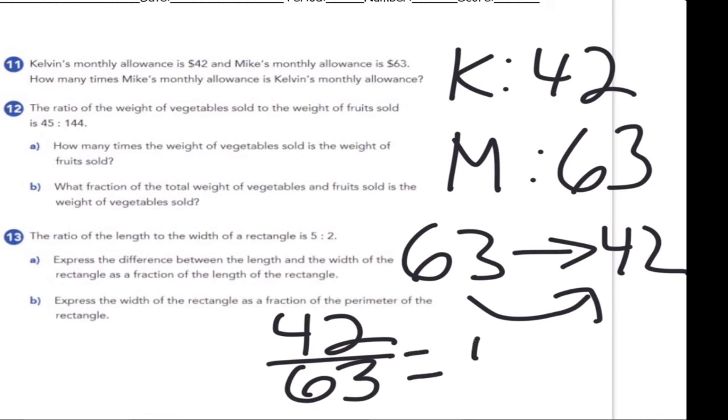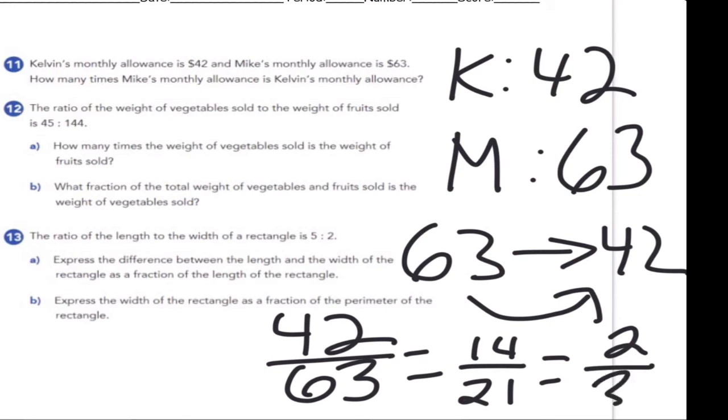So it'd be 14 over, and I could divide 63 by 3, and that would be 21. And now I look at both of these and I can say, oh, I could divide each one by 7. So if I divide each one by 7, it's going to be 2 over 3. So it's 2 to 3. So how many more times is Mike's allowance? It's 2 to 3 of Kelvin's monthly allowance.